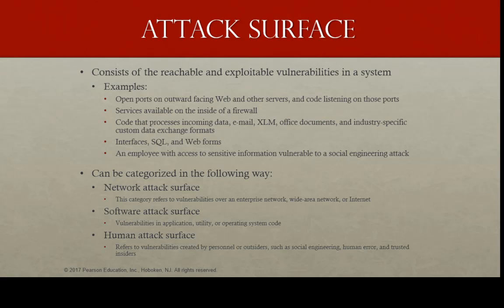Software attack surface. This refers to vulnerabilities in application, utility, or operating system code. A particular focus in this category is web server software. Human attack surface. This category refers to vulnerabilities created by personnel or outsiders, such as social engineering, human error, and trusted insiders.